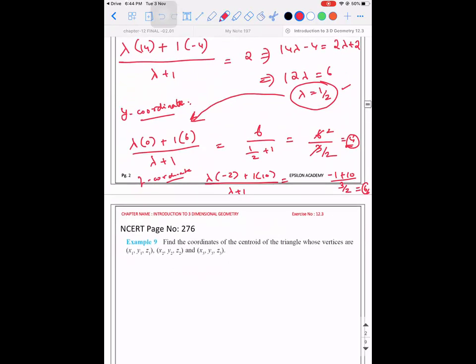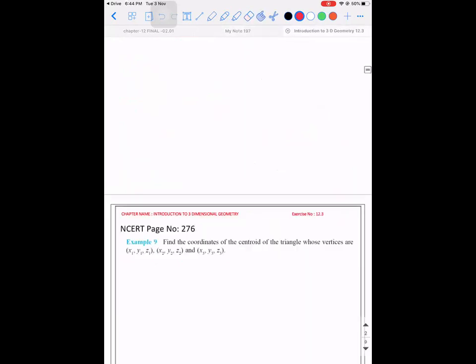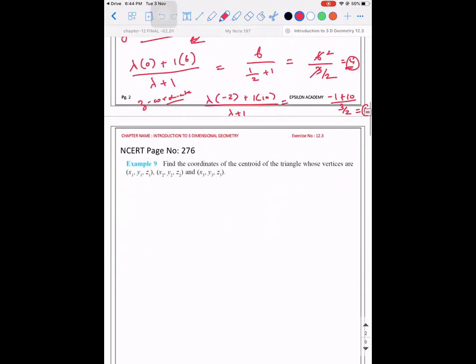Shall I proceed to the next one? Okay, guys, listen. In the next problem, we are asked to find the centroid of the triangle. There are 3 coordinates given whose vertices are x1, y1, z1, x2, y2, z2, and x3, y3, z3. So you need to find the centroid of the triangle. What is the property that we know with respect to centroid? What is a centroid in the first place?